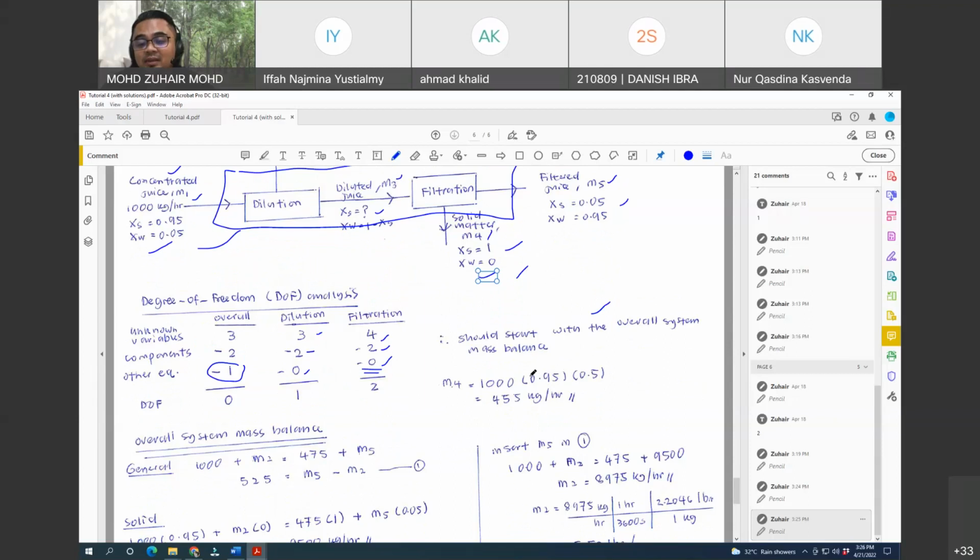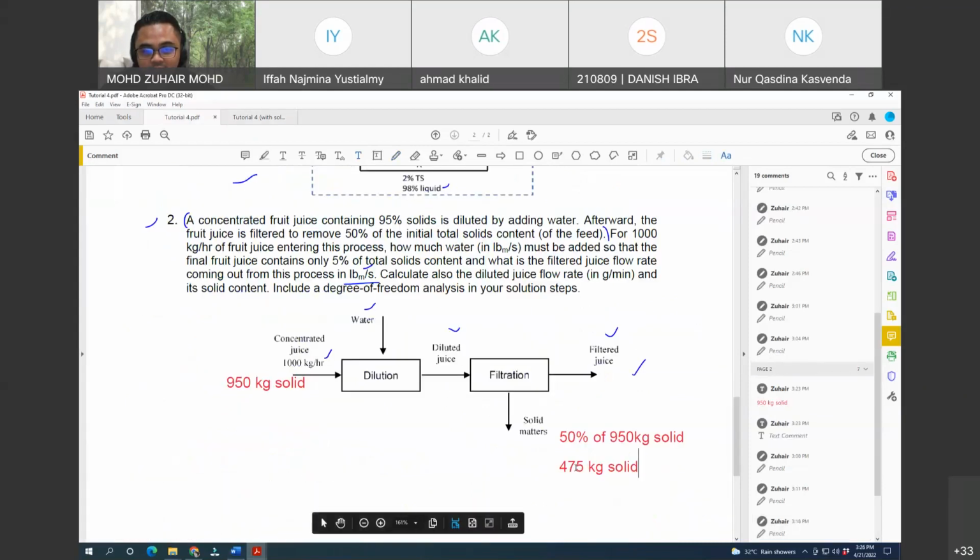0.95, 95% of the 1000 kg per hour in the feed. This is the feed. Okay, sorry, this is 475.